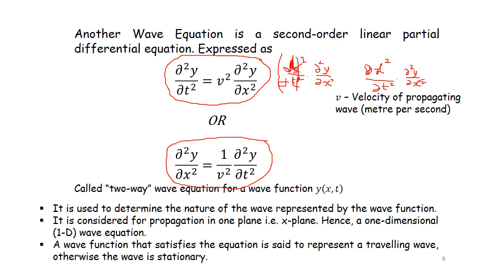So dx squared will cancel out, and you have what you have on the right hand side, since I also have it on the left hand side. So that's how to confirm. If you do it for these two, you have the same thing. That's how to confirm whether your rearrangement is correct or not. So if you subject your wave function to this expression, you can now determine if this wave function represents a traveling or progressive wave or a stationary or standing wave. And again, that represents a one-dimensional wave equation.